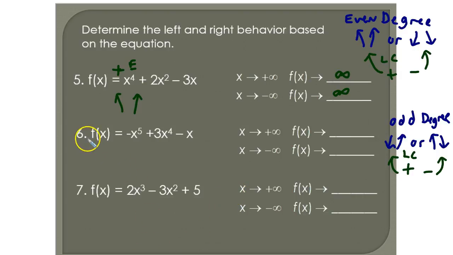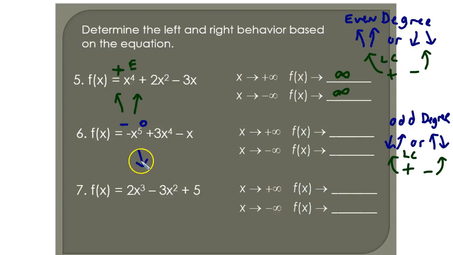But in our sixth example here, we have an odd degree and a negative leading coefficient. I'm going to put a little negative sign there. Well, odd means that they're in different directions. And negative means that it ends down.